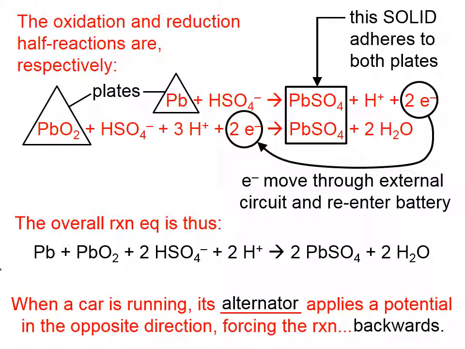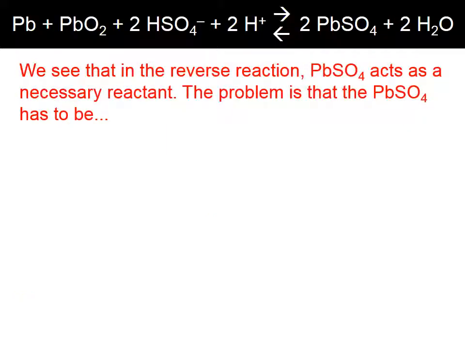Now when a car is running, its alternator applies a potential in the opposite direction, which forces this reaction backwards. In other words, the alternator causes the lead 2 sulfate to be transformed back into the original lead and the original lead 4 oxide. We see that in the reverse reaction, lead 2 sulfate acts as a necessary reactant.